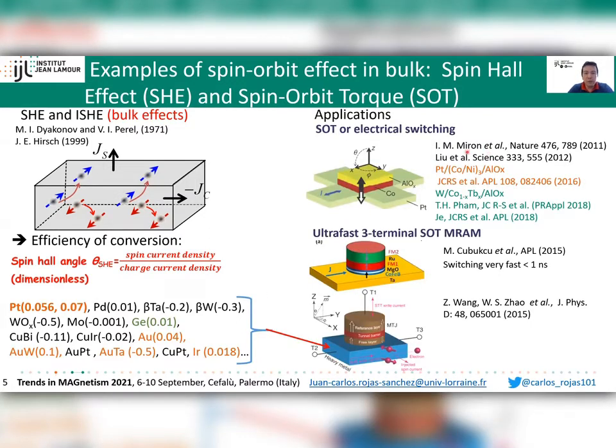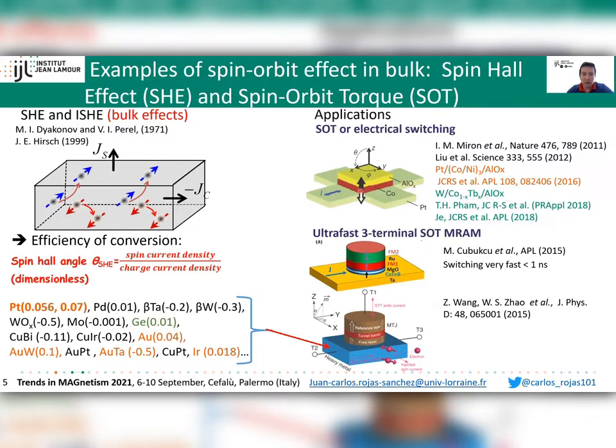And thanks to the pioneering work of Mihai Miron and coworkers in 2011, and of Buhrman's group at Cornell in 2012, we now know that when we sweep an in-plane current, we may switch the perpendicular magnetization of the attached magnetic layer instead of sweeping a perpendicular field.